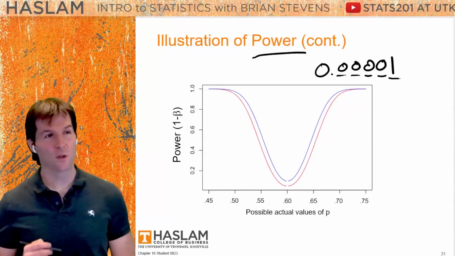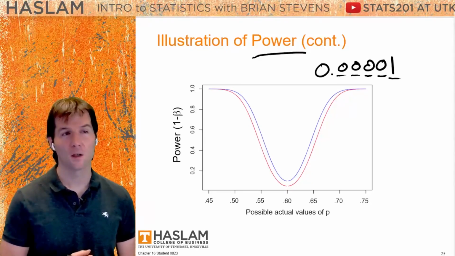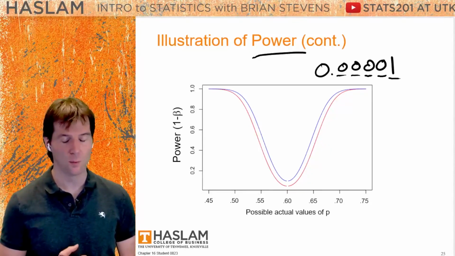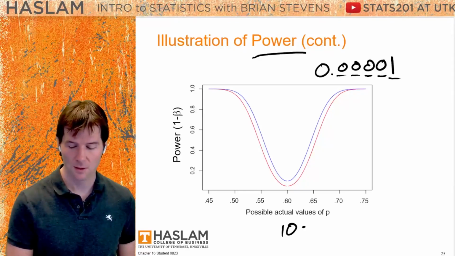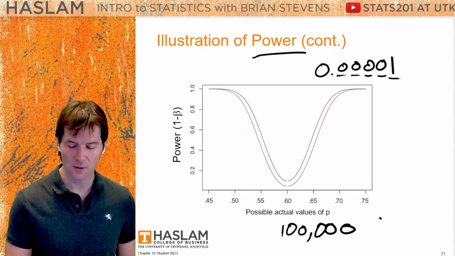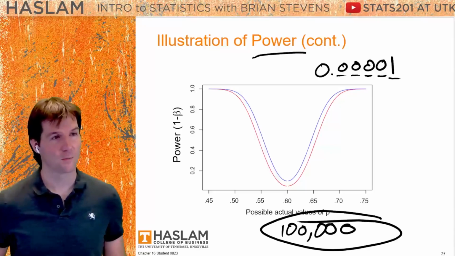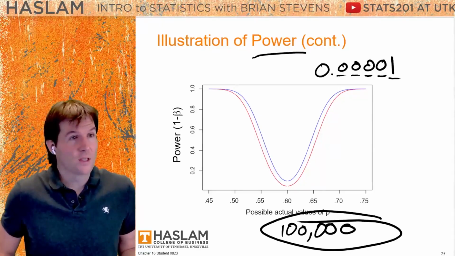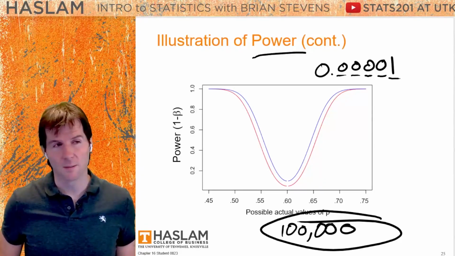This means if results exist, taking our sample would only allow us to find results 1 in 100,000 times. The ability to find results here is not there.